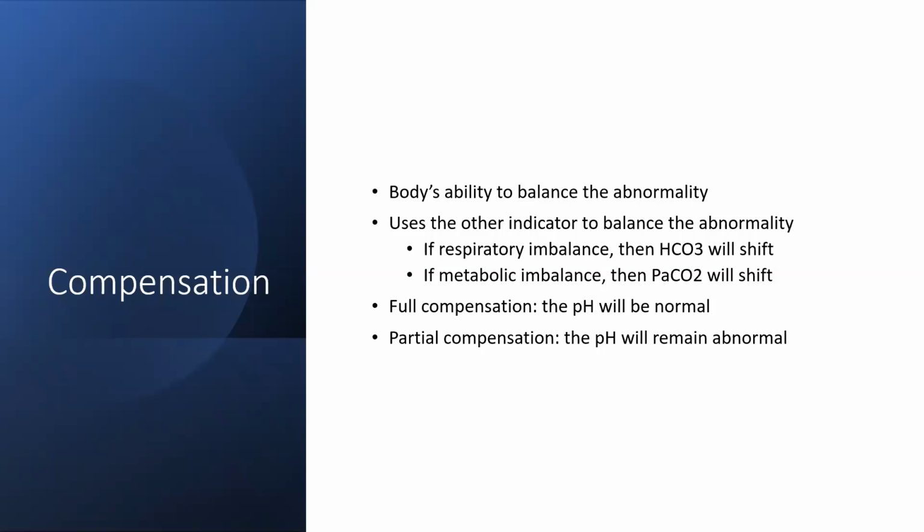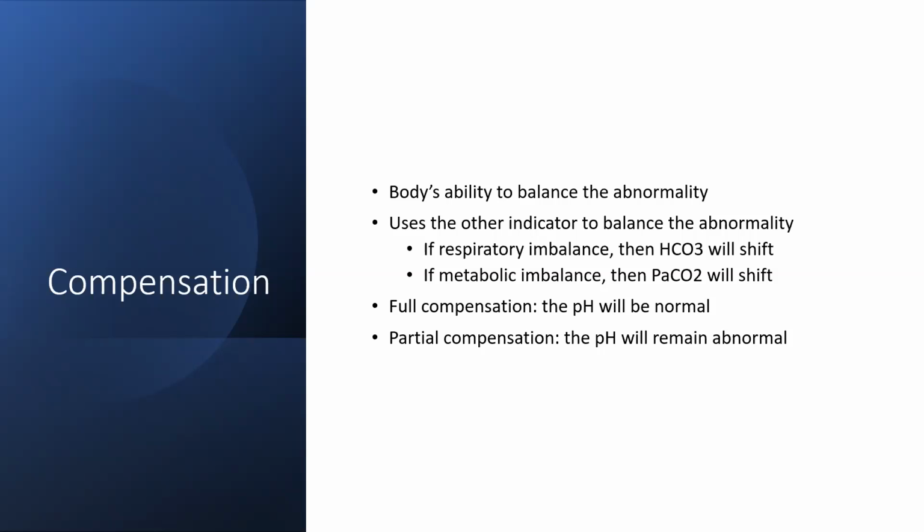What happens is, when the body tries to balance the abnormality, the other component will shift. What I mean by that is, if I have a respiratory problem, so that means my pH is off and my CO2 is either too high or too low, depending on my pH, the body will either pull in too much bicarb or push away bicarb in order to shift that respiratory imbalance.